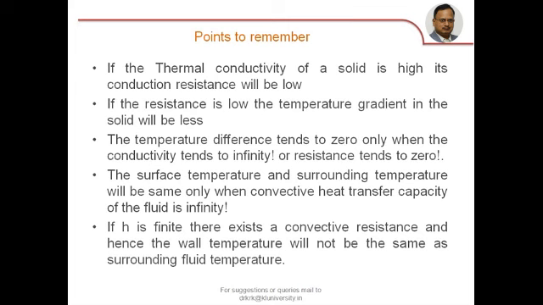Whereas in a copper rod, the temperature difference is less because copper offers less resistance. The temperature gradient is also less. A wooden ruler offers more resistance to heat transfer because of its poor thermal conductivity, hence the temperature gradient is also more.